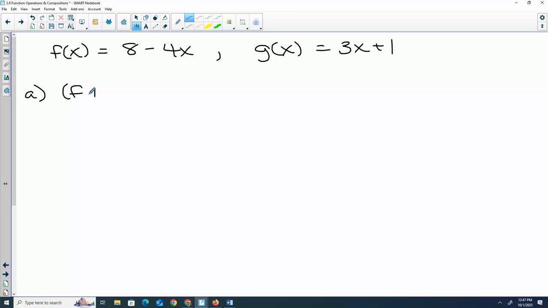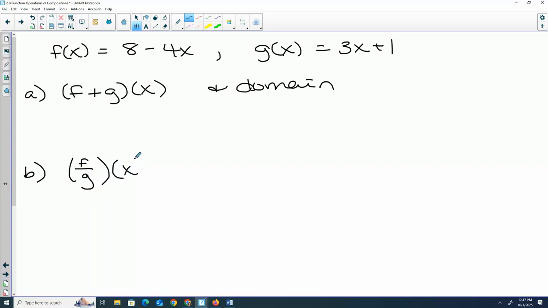We're going to define f plus g of x and its domain. And we're also going to do f divided by g of x and its domain.